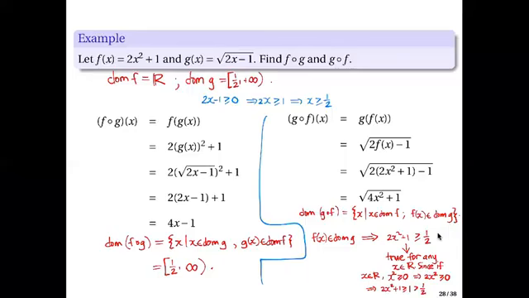So this is always true. Okay? Let me write that always here. Correct? Which means the domain of G circle F is just the set of real numbers.